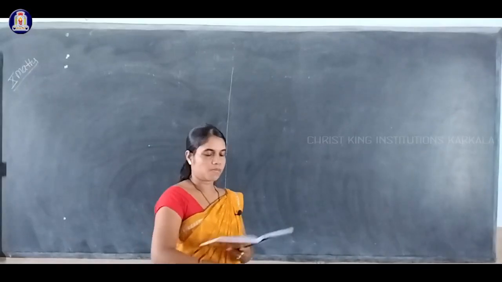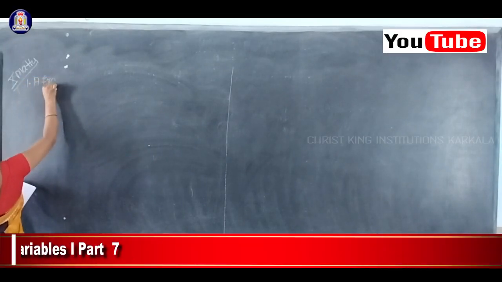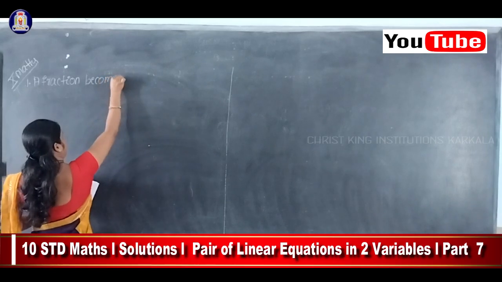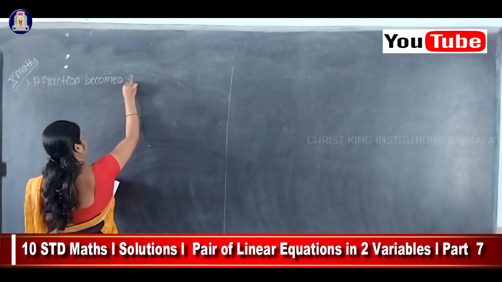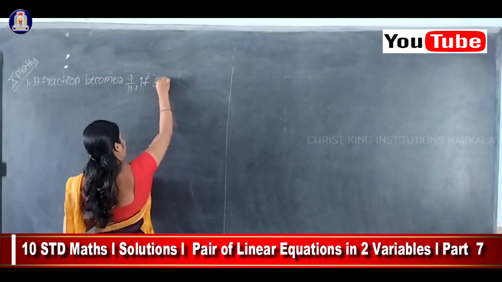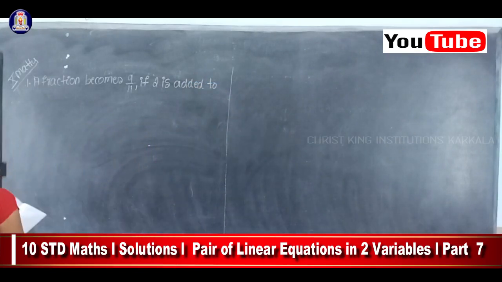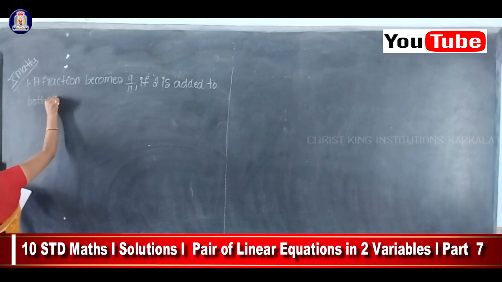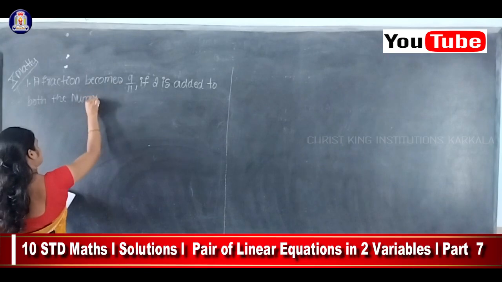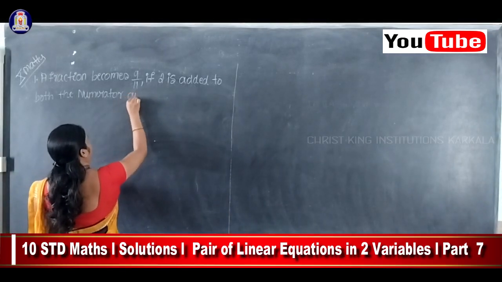The problem I'll consider: a fraction becomes 9 by 11 if 2 is added to both the numerator and denominator.